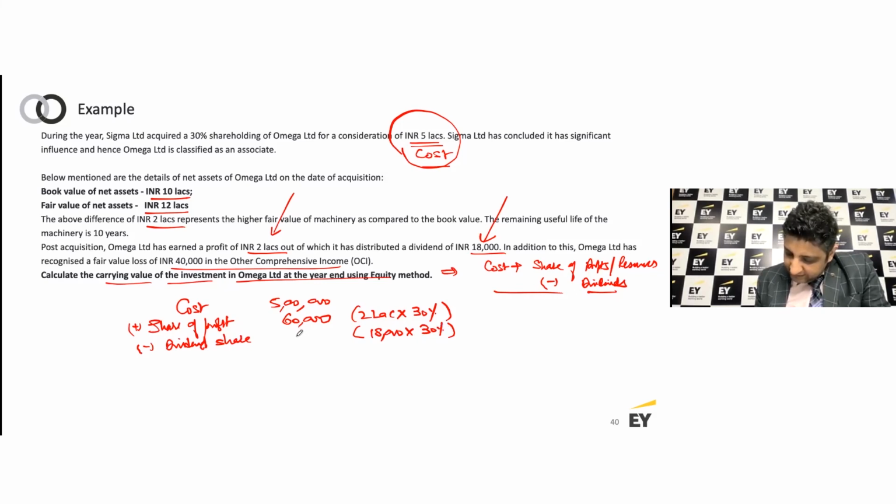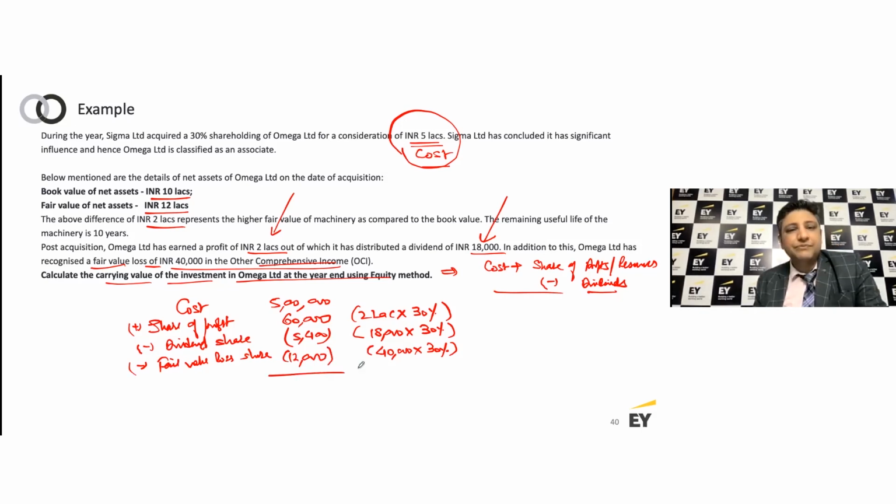And that gives 5,400. Okay. Also, there is a fair value loss through OCI. So we are also saying the fair value loss share, which is 40,000 into 30%. Now that gives me 12,000 negative.